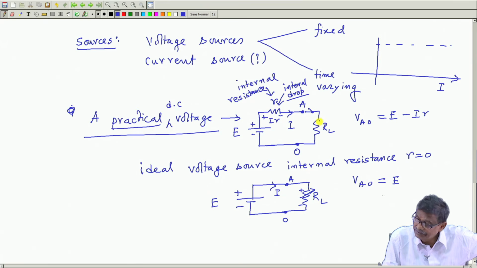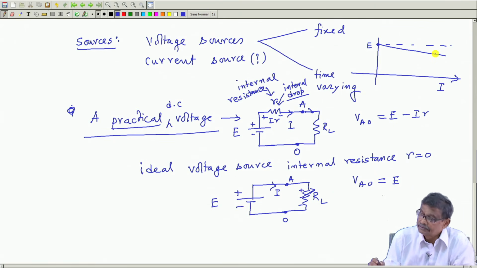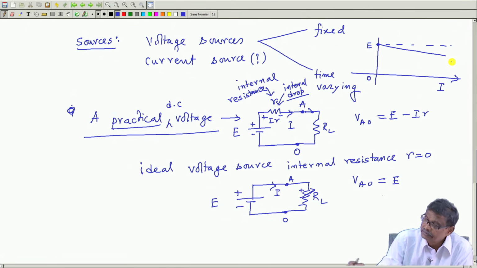Imagine there is a switch, it is open circuited. With I equal to 0, this voltage will be equal to E, but with I increasing, that voltage will have a drop like this. So it is a function of current.